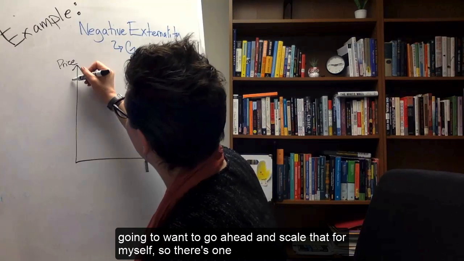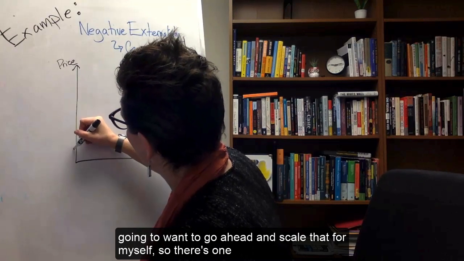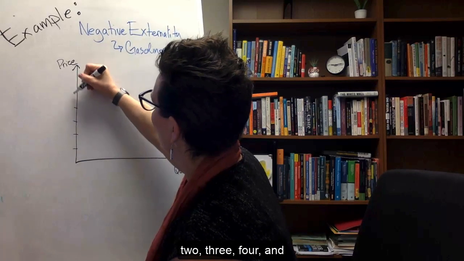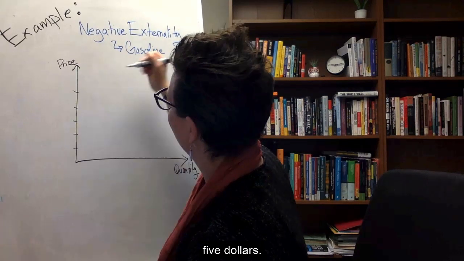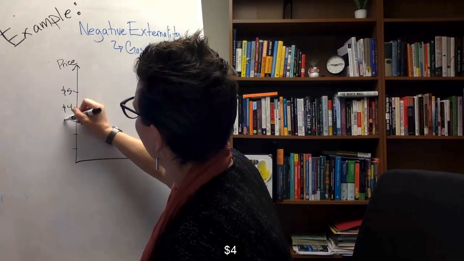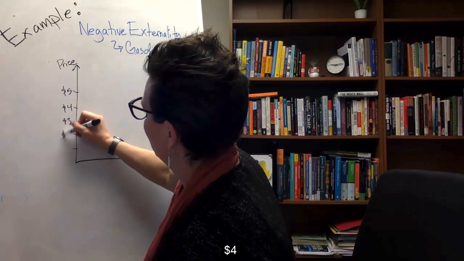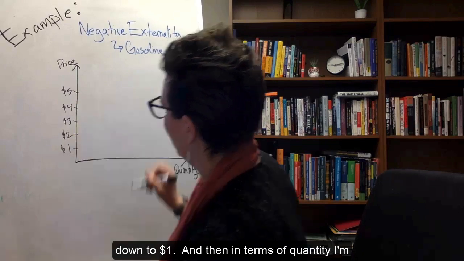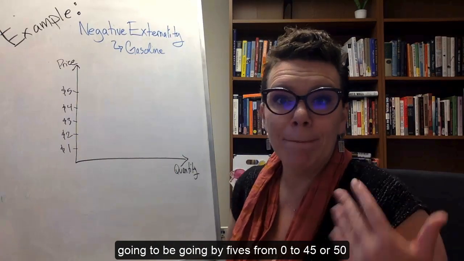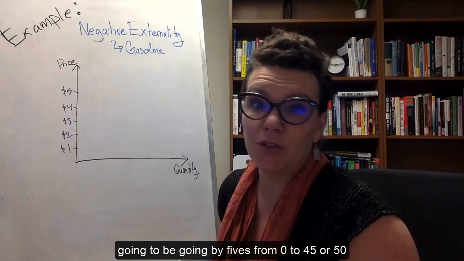So I want to go ahead and scale that for myself. So let's say this is 1, 2, 3, 4, 5. I guess that's fine. $5, $4, down to 1. And then in terms of quantity, I'm going to be going by 5s from 0 to 45, or 50, we'll see.